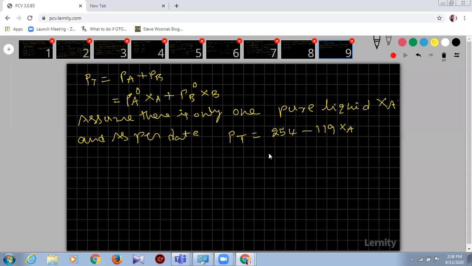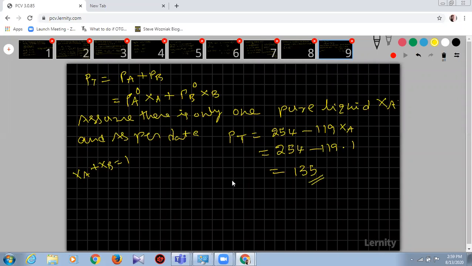Only one pure liquid A means the mole fraction XA is 1, since XA plus XB is equal to 1 and XB is 0. So 254 minus 119 into 1 is equal to 135.